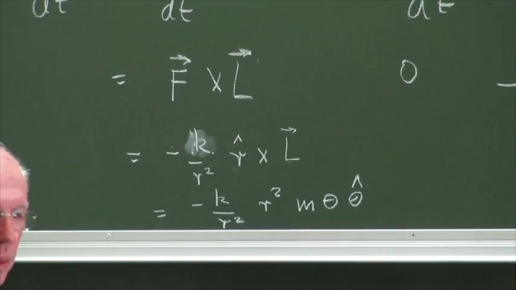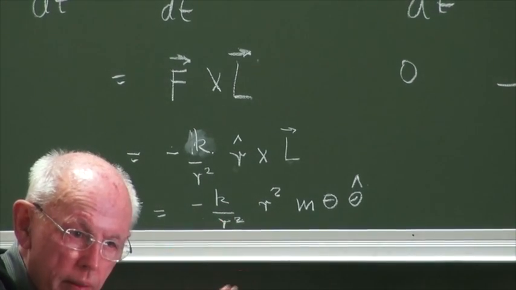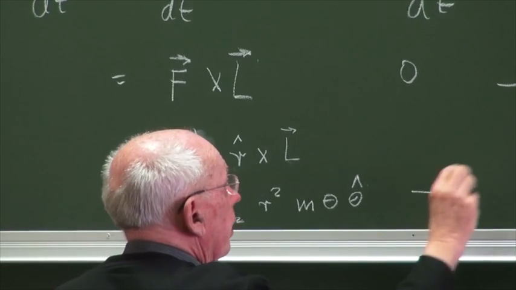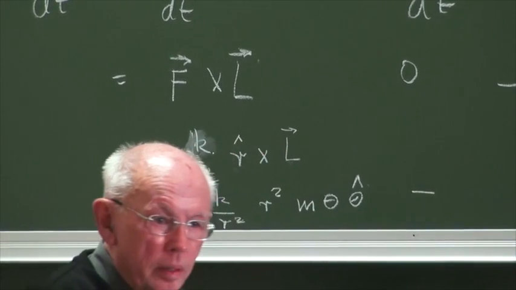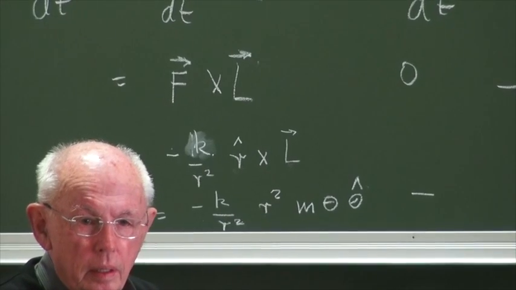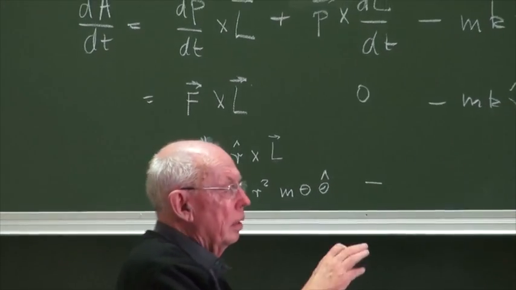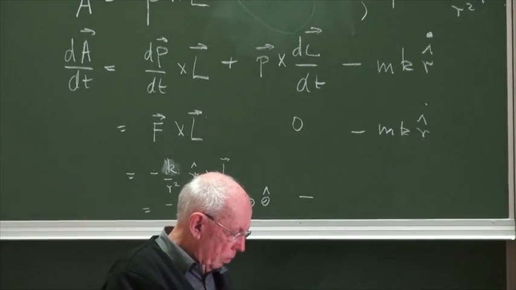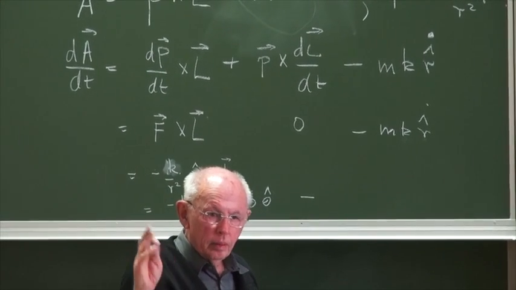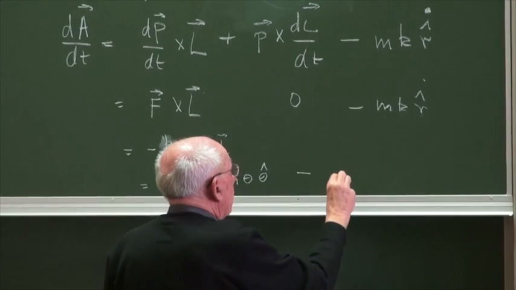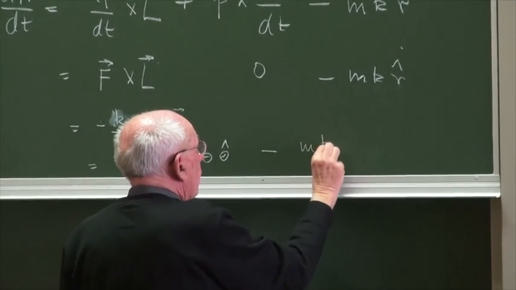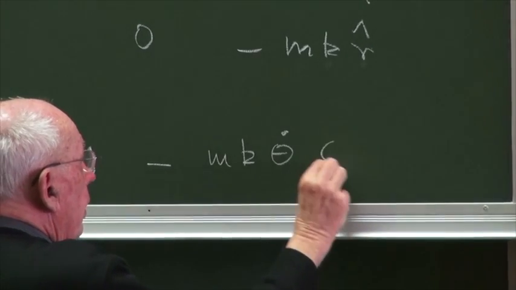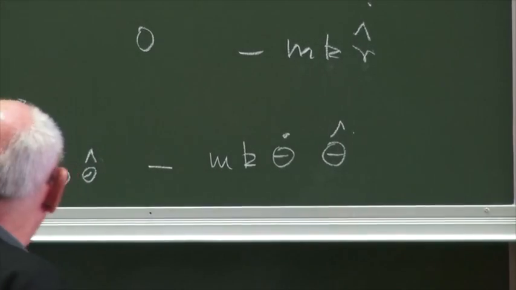It is in the plane, and in the plane is the theta direction, and r dot, I wrote the transformation, r dot was theta dot in the theta direction, so that is mk theta dot in the theta direction.